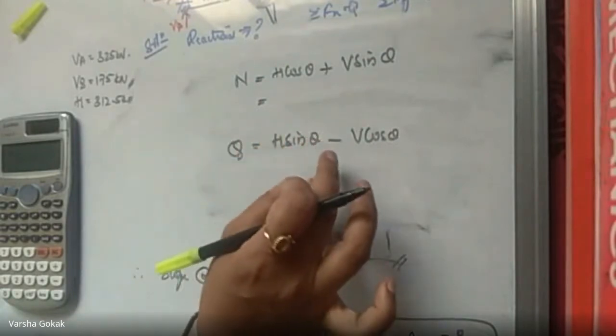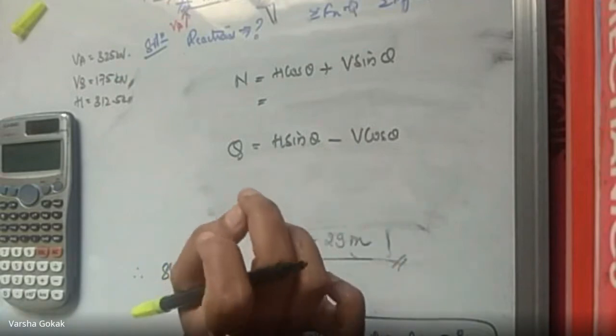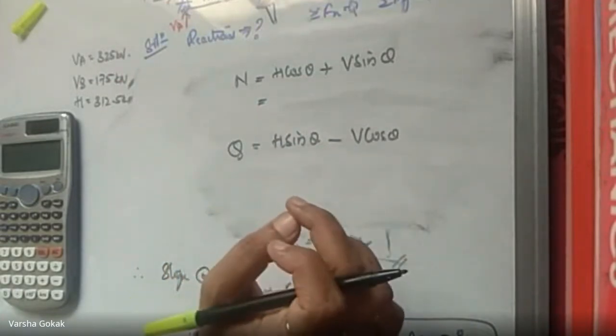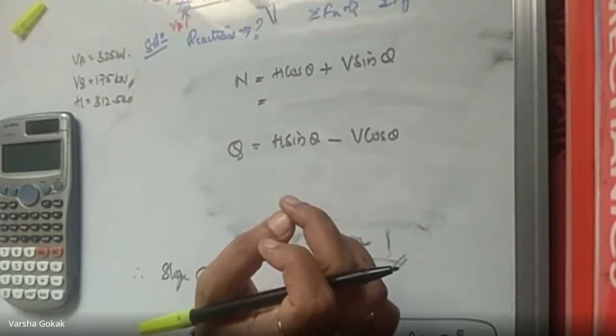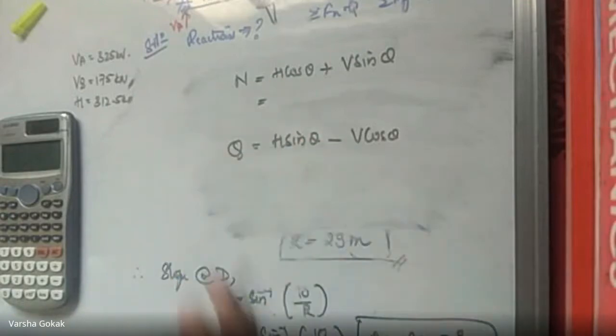Now, when I'm considering here, what value of V will we be taking? Any guesses? What is the value of V?